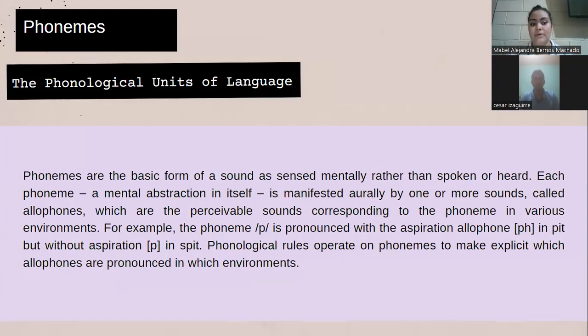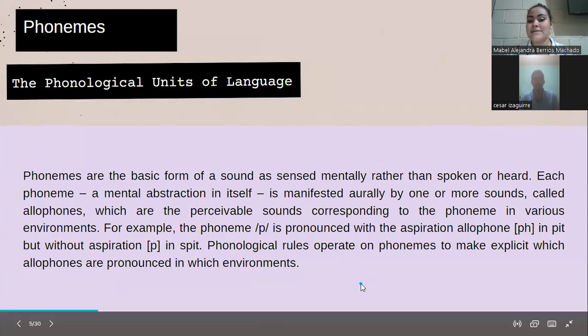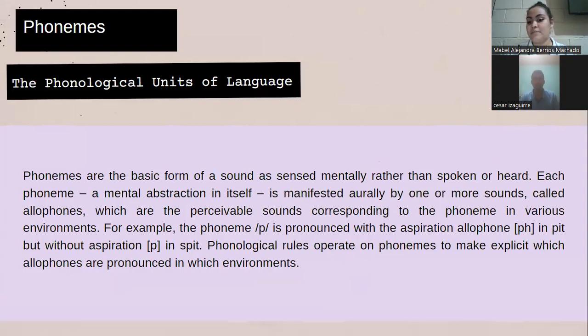A phoneme is the phonological unit of language. Phonemes are the basic form of a sound as it exists mentally rather than as spoken or heard. Each phoneme is a mental abstraction in itself. It manifests usually by one or more sounds called allophones, which are the perceivable sounds corresponding to the phoneme in various environments.